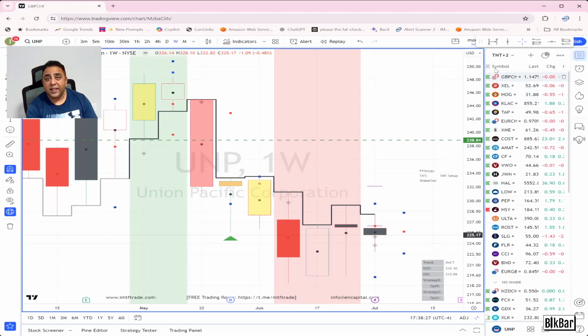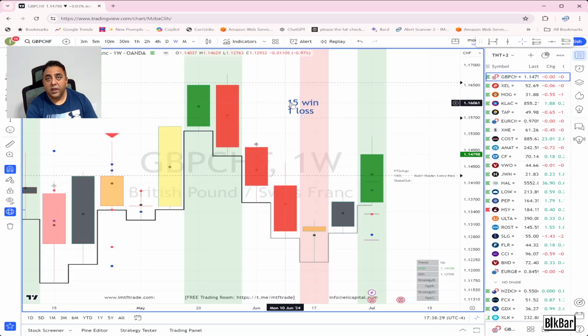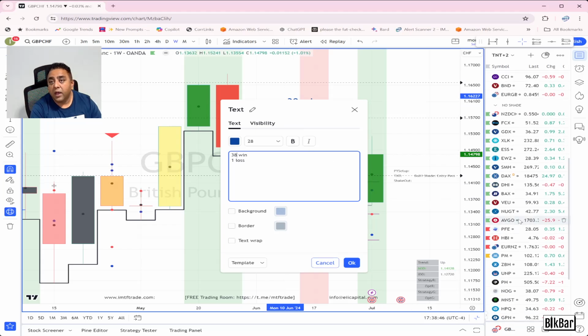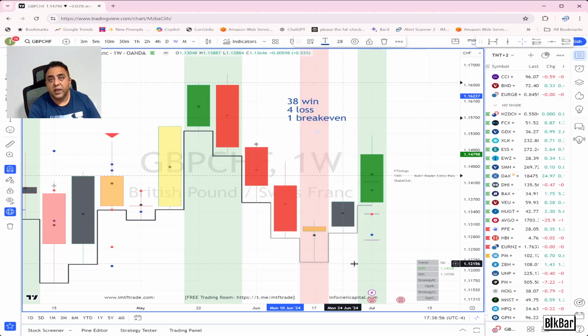And then if you add that to what we had here, it basically gives us 38 winners and 4 losers and 1 break even. If I did the calculations correct, this is basically what you're getting at here.